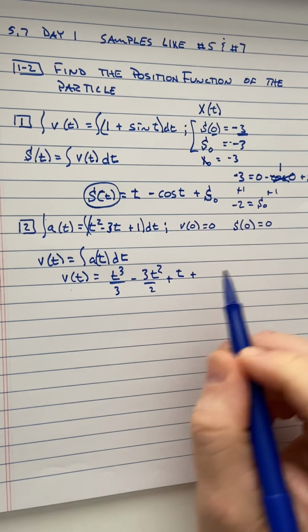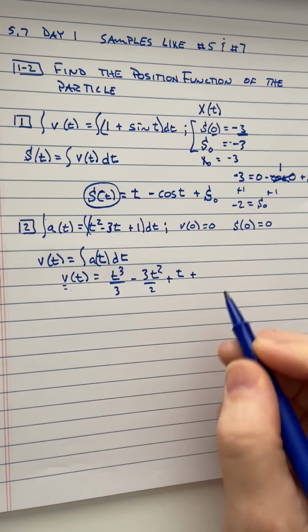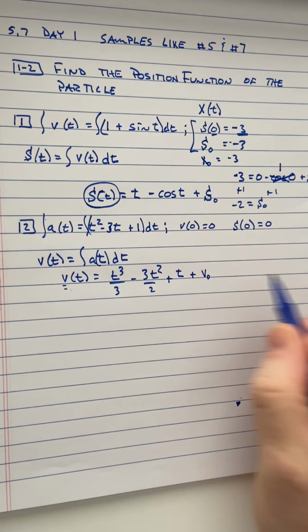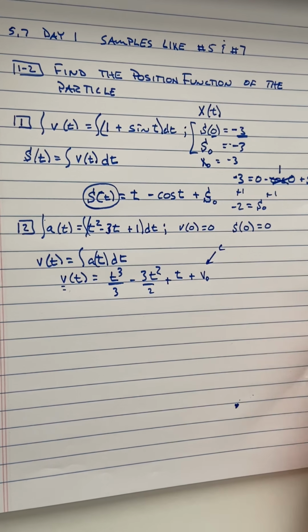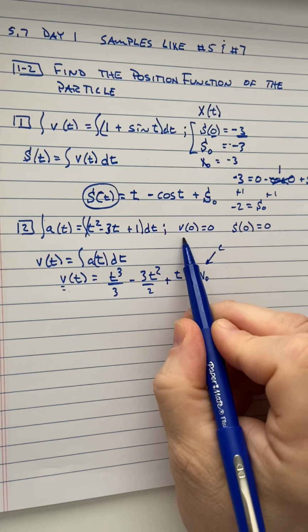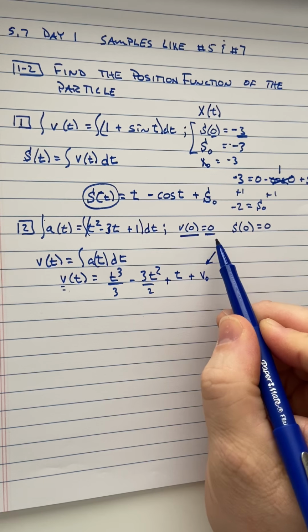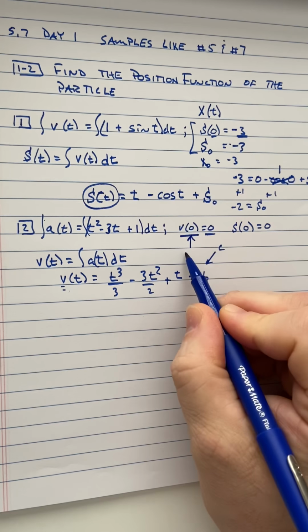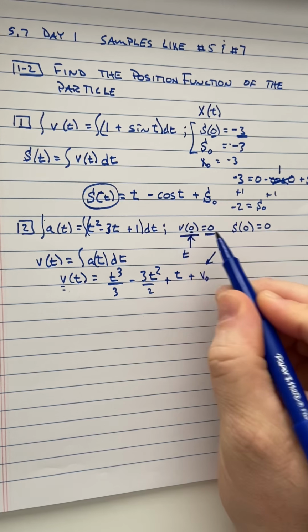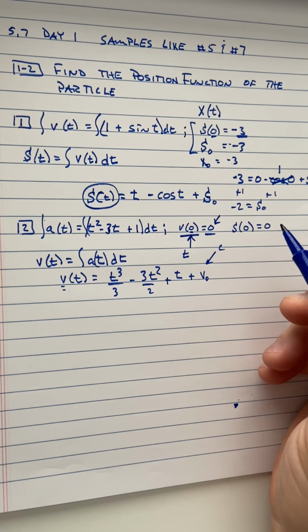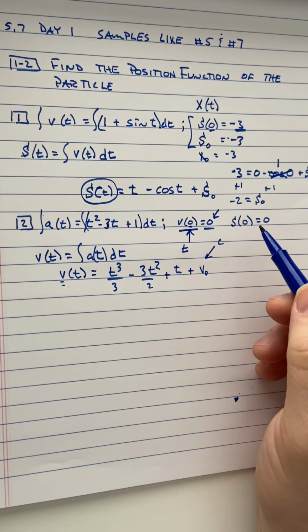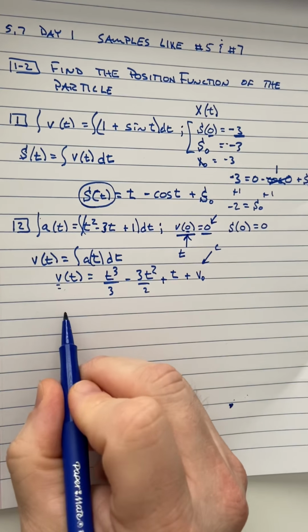This time the constant, since we're dealing with the velocity machine, is the initial velocity. That's what our C value is. We need to find our C value using the initial conditions. Everywhere you see a t, replace it with a 0. And the velocity at 0 is 0. That makes it kind of nice.